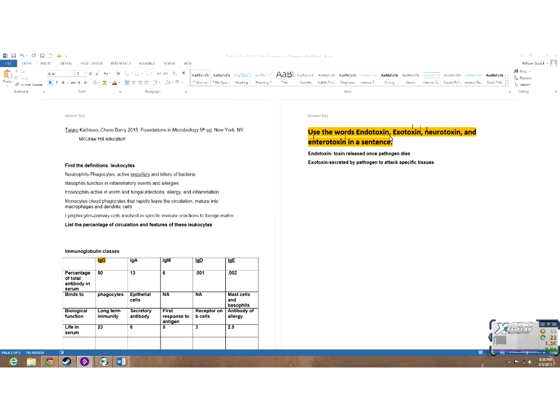Endotoxins do not attack anything specific, they attack whatever they're closest to. And when I say attack, I mean the toxin goes to that area. It's just easier for me to say attack because that's what it does, something bad to that area.